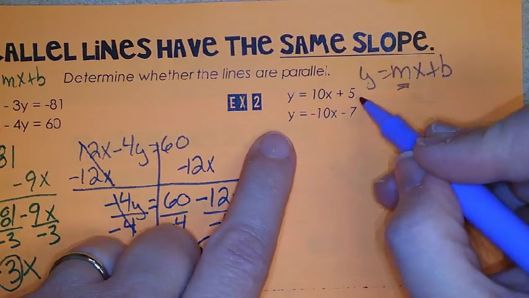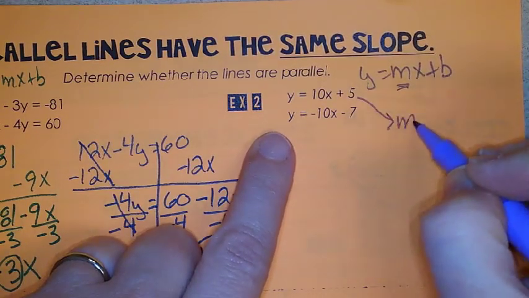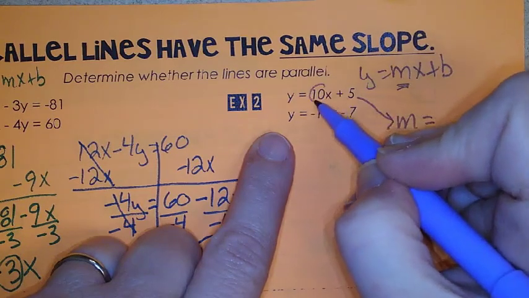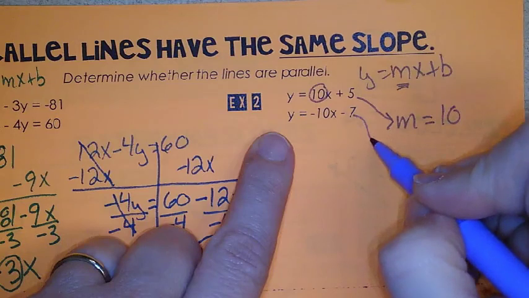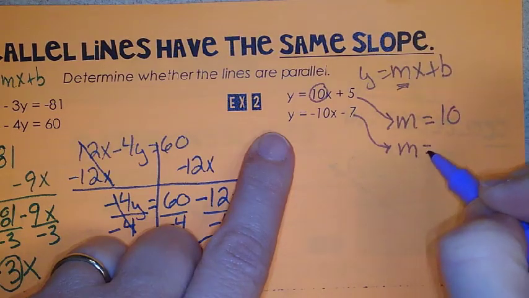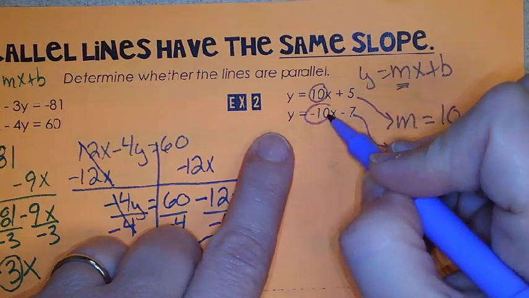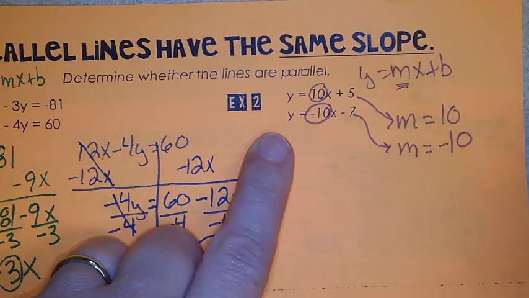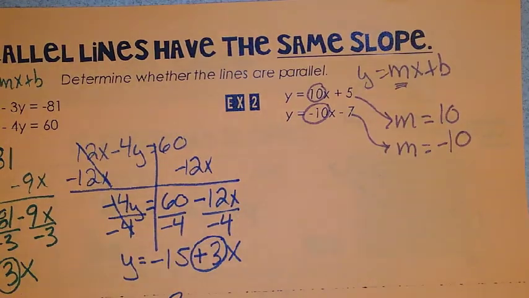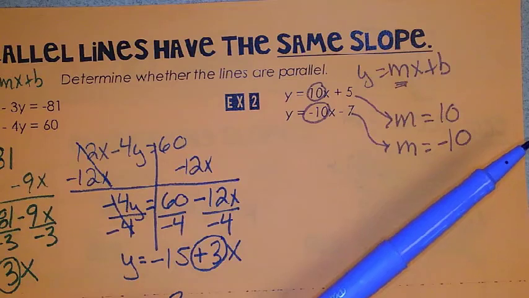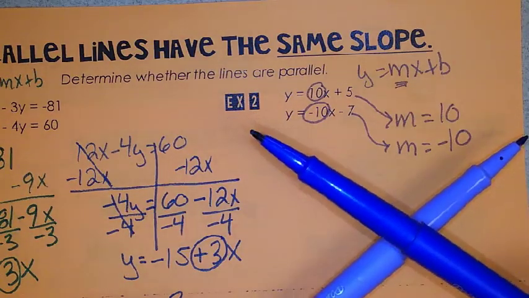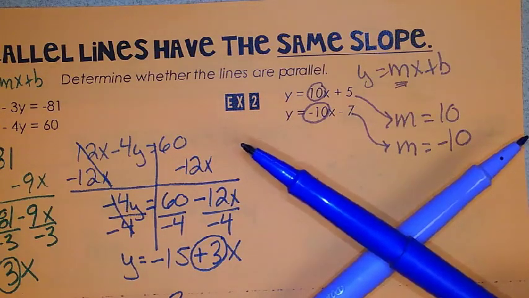So for the first one here, I see that my slope is the number in front of x, which is 10. For the second one here, I see that my slope is the number sitting in front of x, which is negative 10. Now, are 10 and negative 10 the exact same slopes? The answer is no. Just think about it. 10 is a positive slope, and negative 10 is a negative slope, so those lines would definitely intersect.